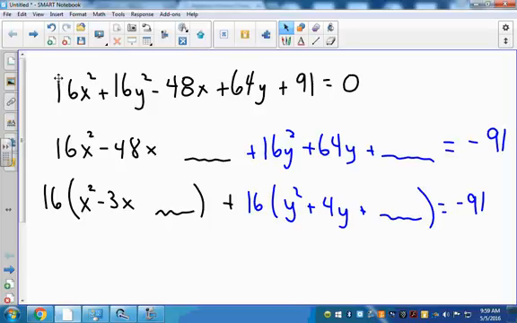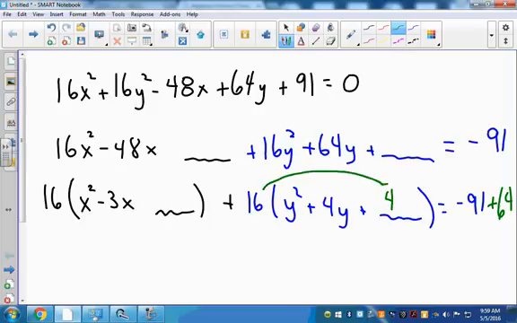Okay, so hopefully this went reasonably well. You put a plus 4 here, and then you put a plus 64 here. Whatever you do on the left, you have to do on the right. So half of 4 is 2, 2 squared is 4. So we put a 4 there, and we've changed the left side of the equation by 64, so that has to be 64. Do the same thing with this.